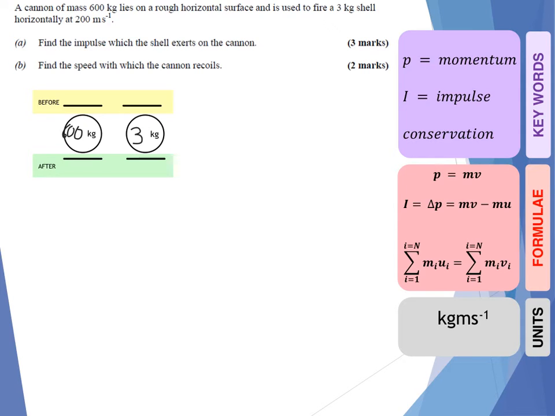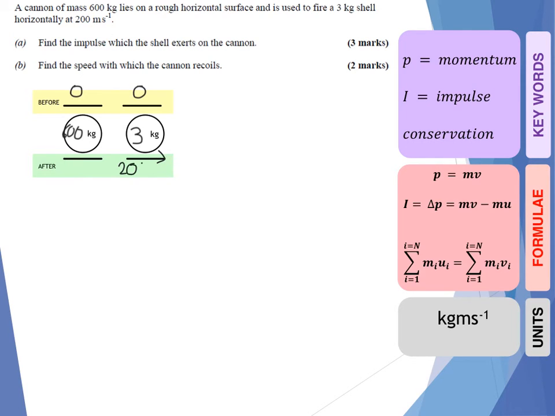Initially, because it says that they are lying on a horizontal surface, the velocity of both of them starts off being 0. However, after the firing of the cannon, the shell is going to be moving horizontally at 200 meters per second, away from the cannon.